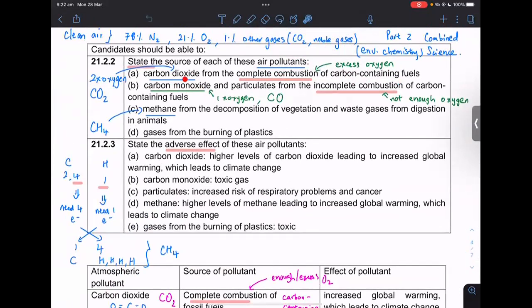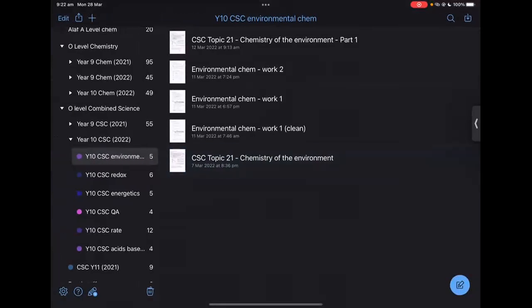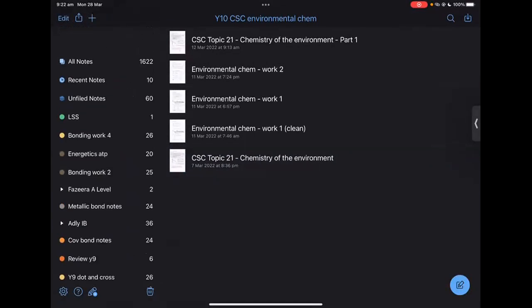Complete combustion gives you carbon dioxide. Incomplete combustion, carbon monoxide. Decomposition of vegetation gives you methane. Burning plastic can give you harmful and toxic gases, just like carbon monoxide is a toxic gas. State the effect: carbon monoxide is toxic. That's it. Okay. Now going back to the test itself.